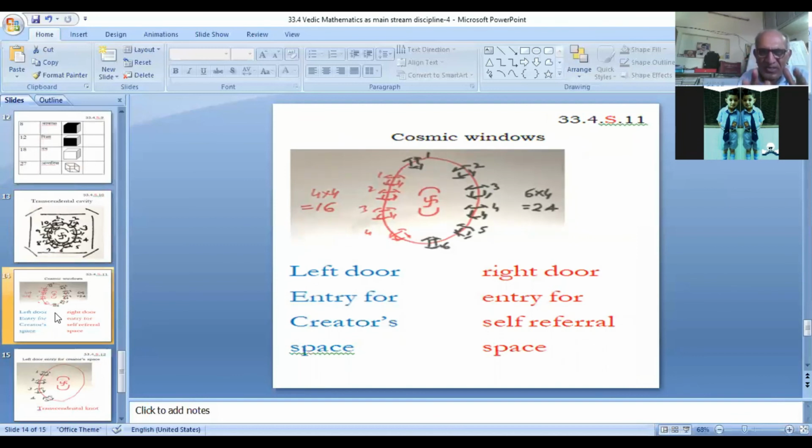The transcendental domain is enveloped within a creative boundary of 10 components. These 10 components of the creative boundary of the transcendental domain ultimately play the role of cosmic windows.